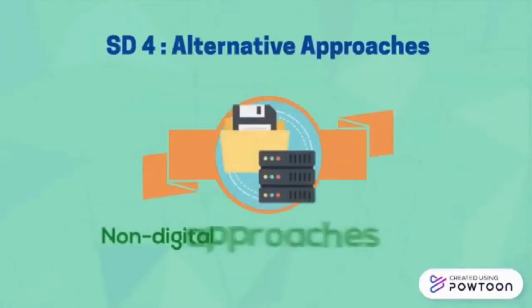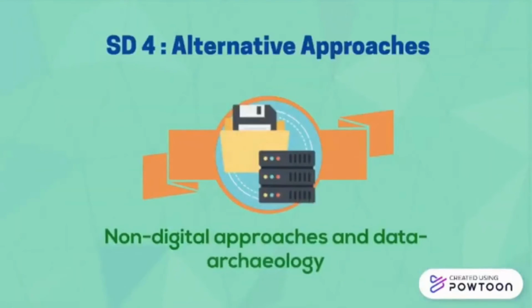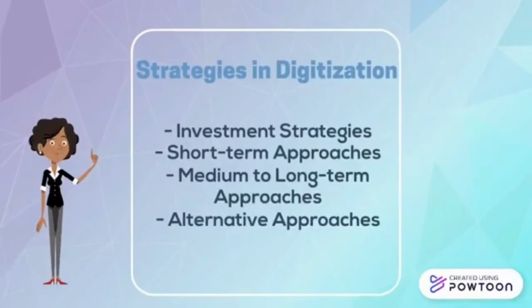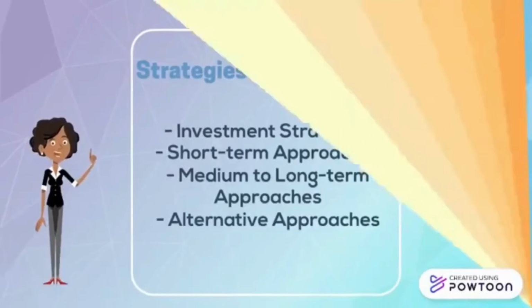Alternative approaches. Analog method is to print out the objects in human-readable form to avoid technological failure and obsolescence, while data archaeology approach is used to restore data retrieved from outdated media formats and to recover data from damaged file formats. As what is displayed, there are 4 strategies in digitization.